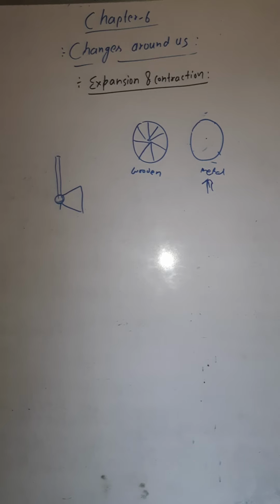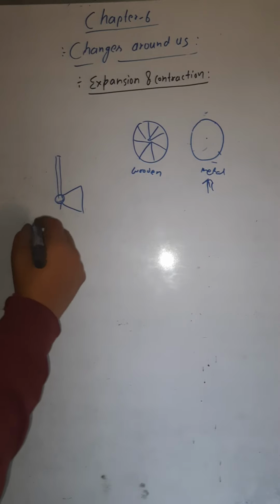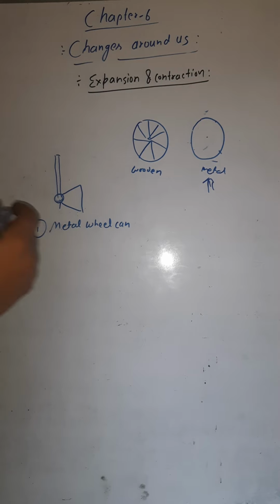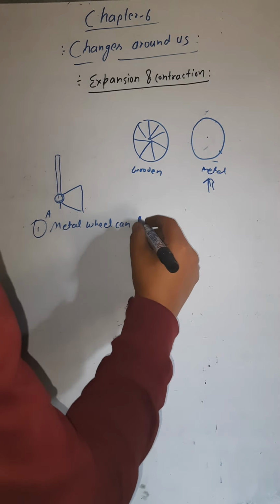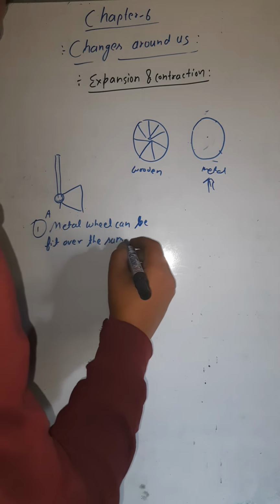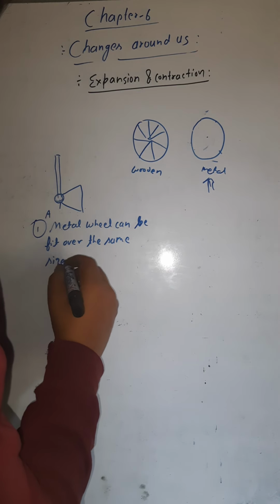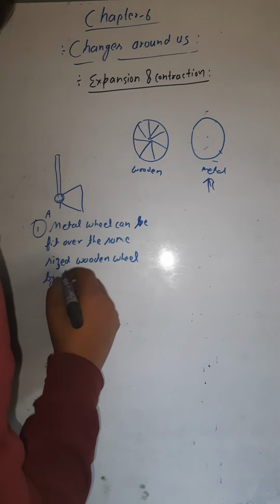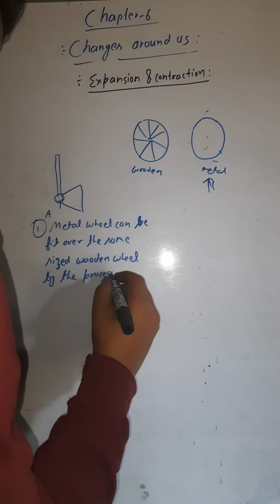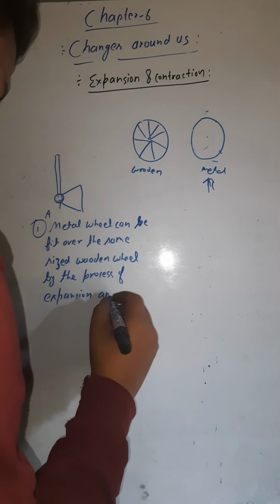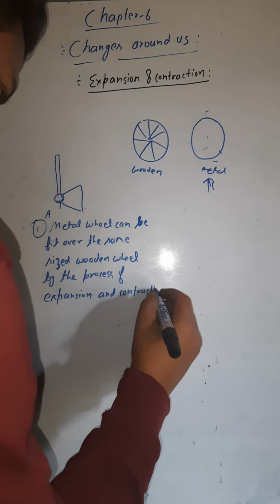Okay, so here are the examples which you have to write. The first one: first you can make the figures there. Then you can write the example here: a metal wheel can be fit over the same sized wooden wheel by the process of expansion and contraction.